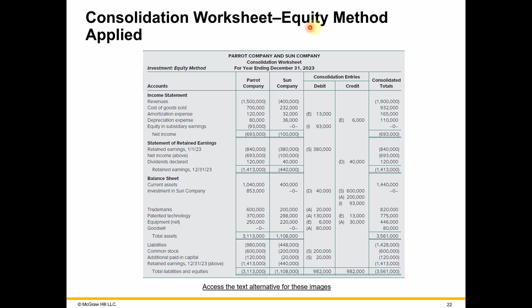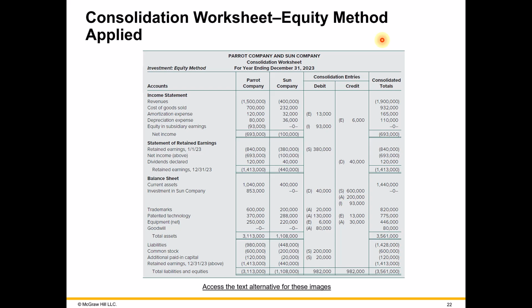Now, if you use the partial equity method or the initial value method, this consolidated total column is exactly the same, but because the parent had accounted for its sub slightly differently during the year, it's going to require the entries here to be different, resulting in the same consolidated totals no matter which one of the three methods we're learning here in chapter 3.